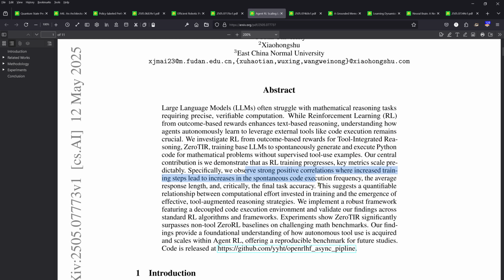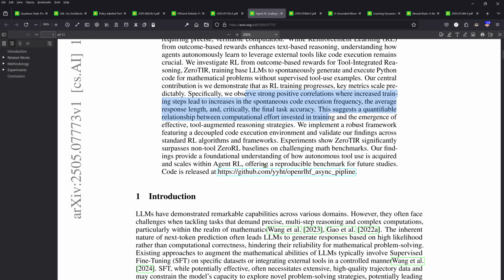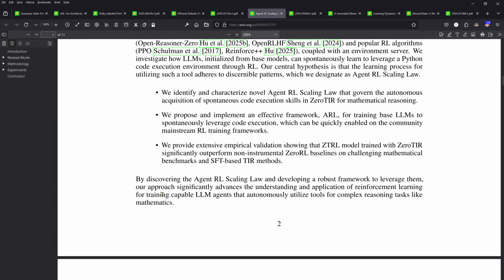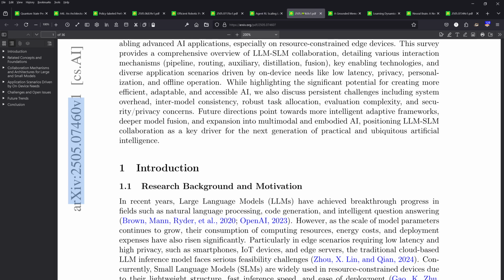And they observe some strong positive correlation. If you're into this, they have a GitHub repo for you. If you want to learn more about it, they identify 3 main causes. Really interesting. They have some mathematical benchmark. So if you're into agent reinforcement learning scaling laws and a more robust framework to leverage this for a spontaneous Python execution, I think quite some nice ideas here.